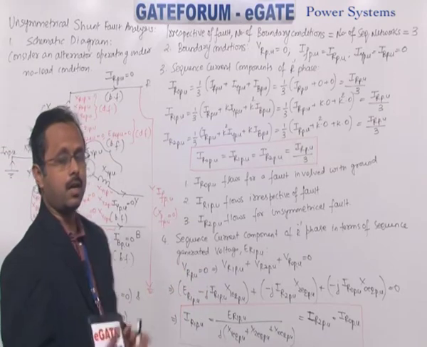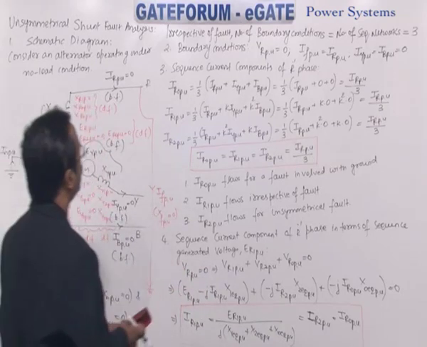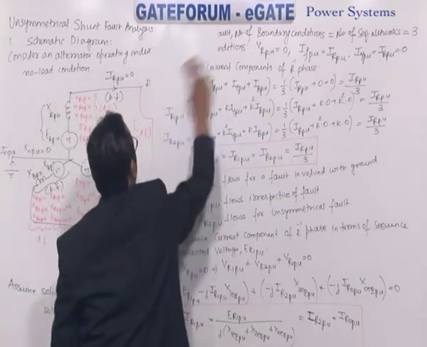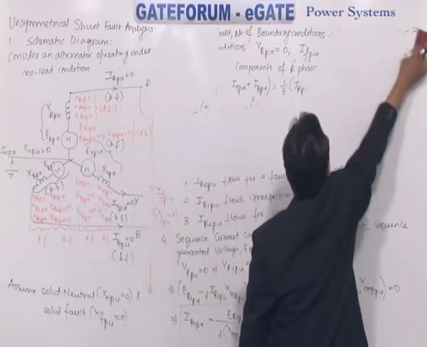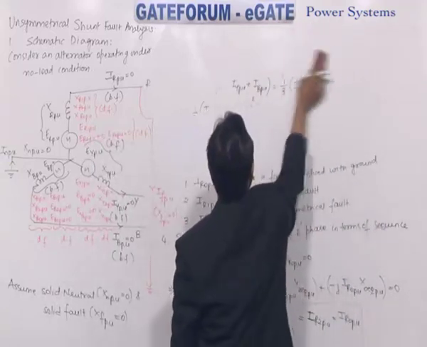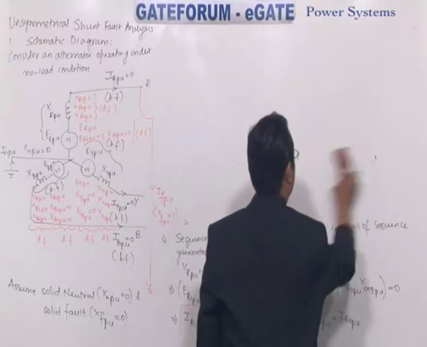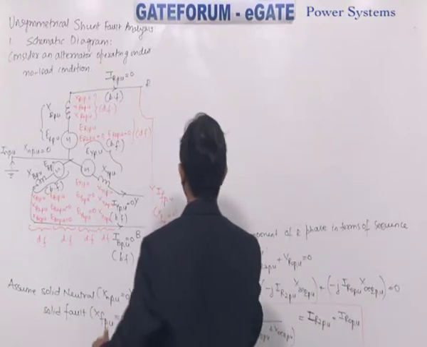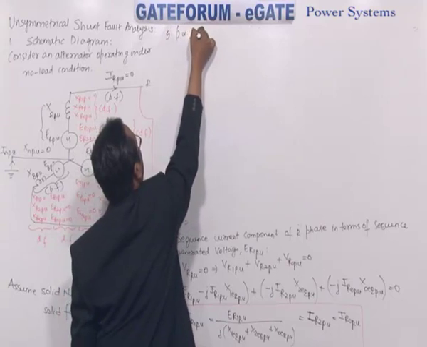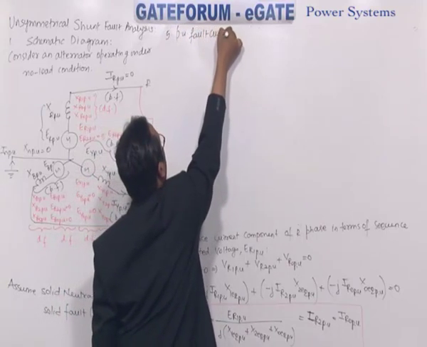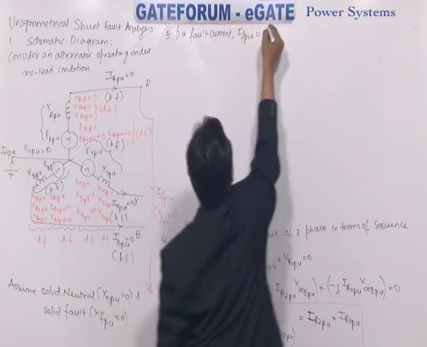Now we have to find what is the per unit fault current. So the fifth point we check now, per unit fault current. So how much IF per unit?